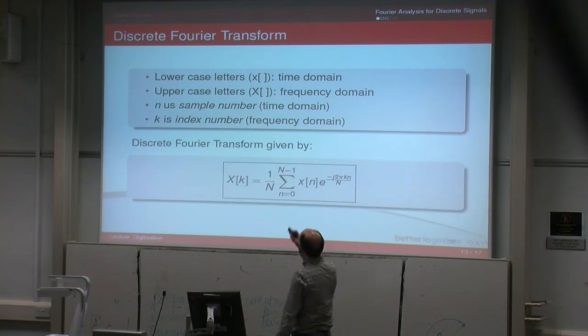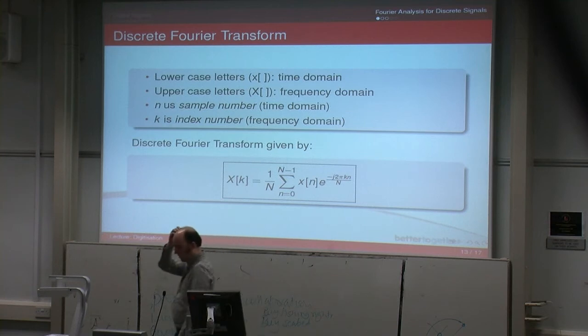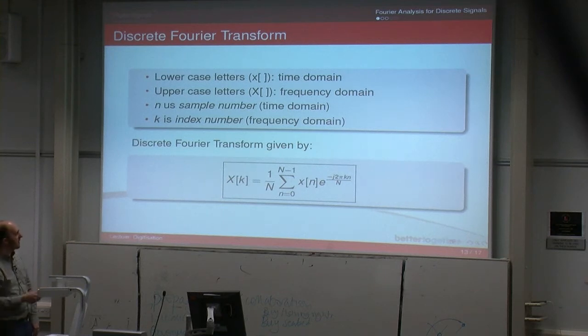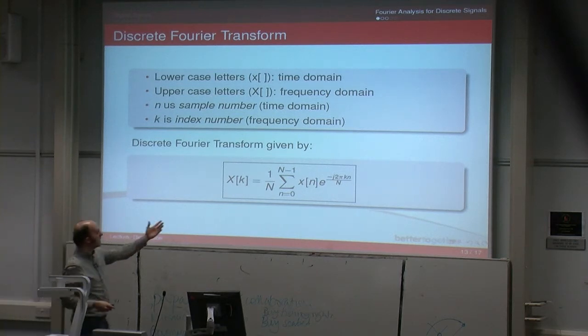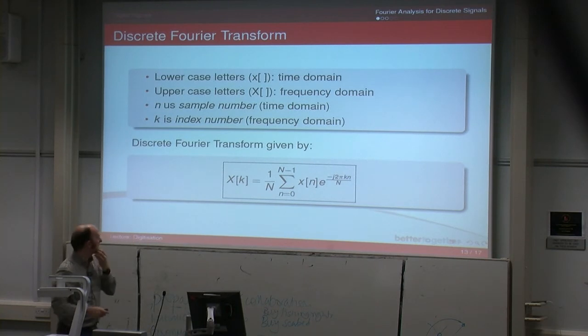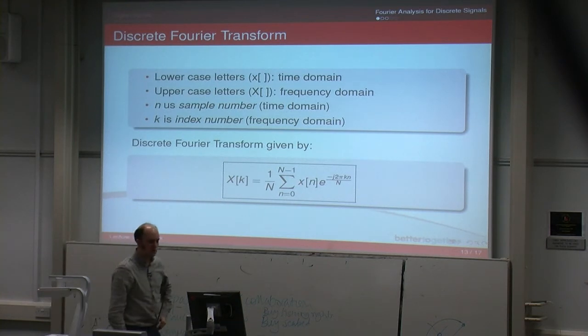Again, like we had with the continuous signals back in chapter 7, lowercase letters mean the time domain, and uppercase letters mean the frequency domain. We've got square brackets here instead of curved parentheses, and that indicates that we're dealing with a discrete signal, not a continuous signal. n is the sample number, so that's the time domain, and k is the index number, which gives us the frequency domain.